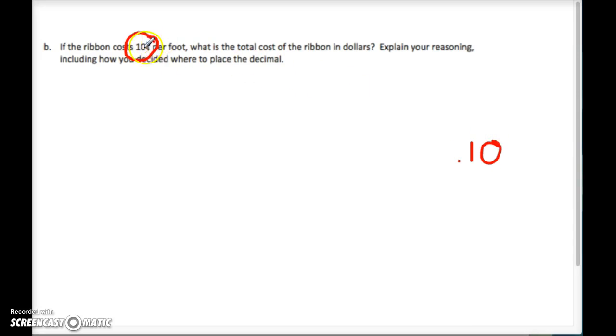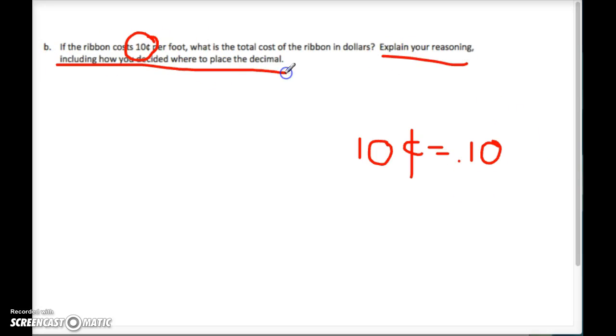Some of us got thrown off. We forgot that this is a cents symbol. And 10 cents with our cent symbol is really equal to 0.10. That's like a dime per foot. Okay, hopefully this is mental math for you because you'd be multiplying by 0, but just putting the decimal point in. So it's asking you to explain your reasoning, including how you decided to put the decimal.